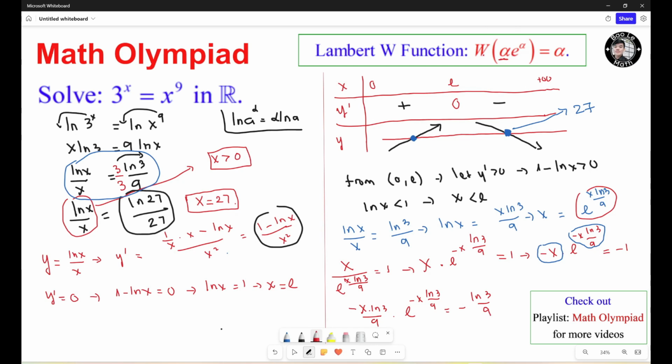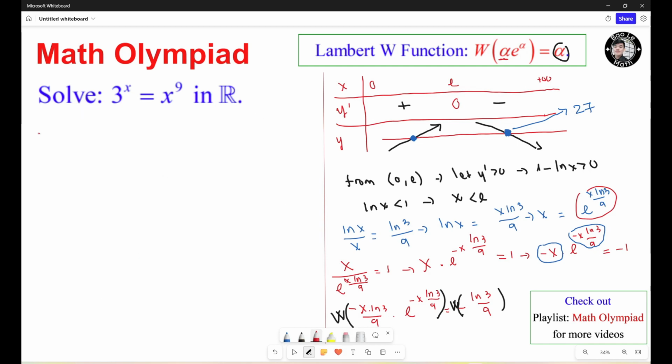So we're going to take Lambert W of both sides. So we have W of this guy, and then it turns out to be W of this guy. Now W of this guy turned out to be alpha. So alpha in this situation is going to be negative s natural log of 3 over 9 equals W of negative natural log of 3 over 9.